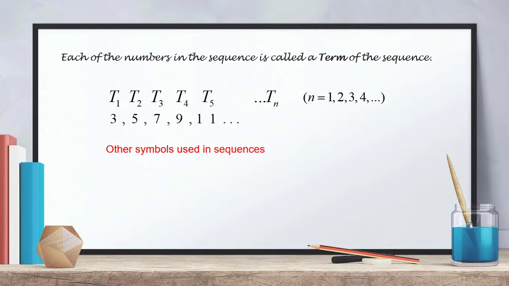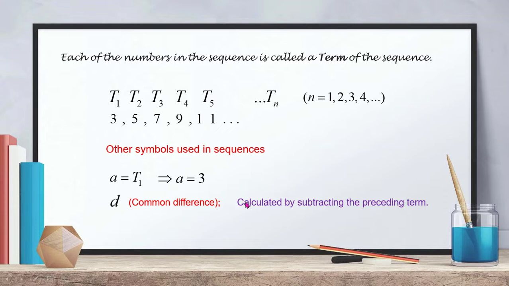Other symbols used in sequences. A represents the first term. In this particular example of the sequence, A is equal to 3. D in a sequence represents the common difference. The common difference is calculated by subtracting the preceding term.